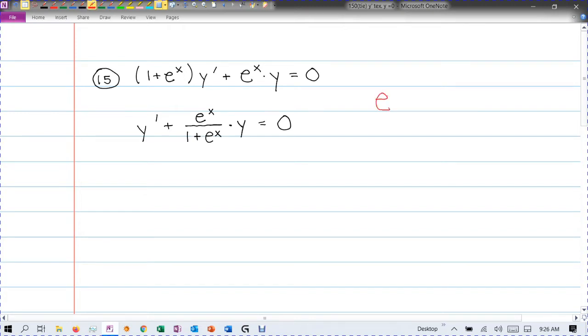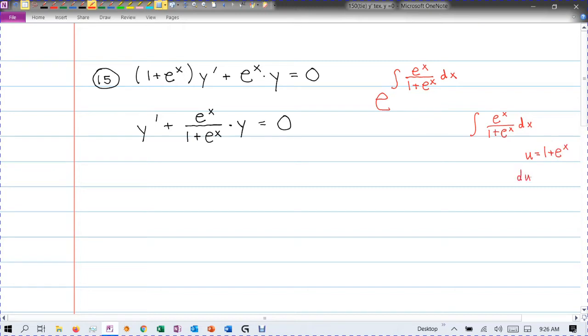We're going to do e to the integral of e to the x over 1 plus e to the x dx. And that's that integral right there. I'm just going to show you. Yeah, I should just do it. Integral of e to the x over 1 plus e to the x dx. Make a substitution. Use u equals 1 plus e to the x.